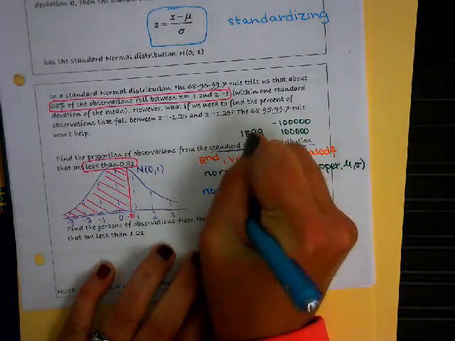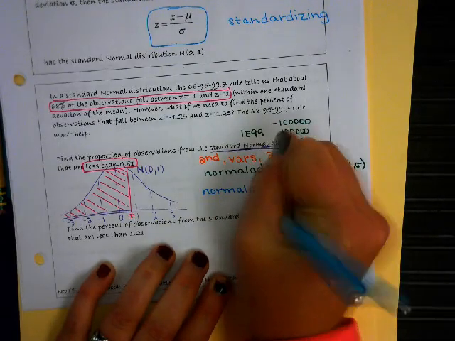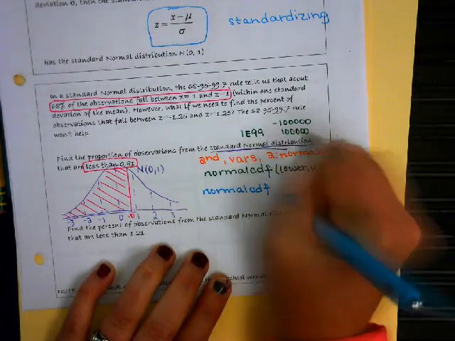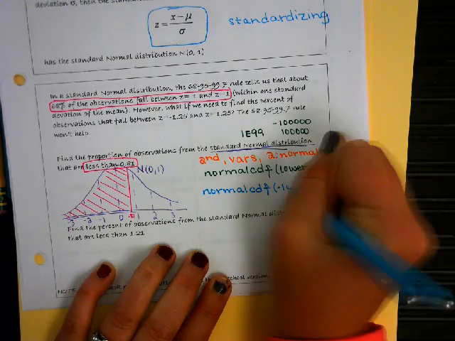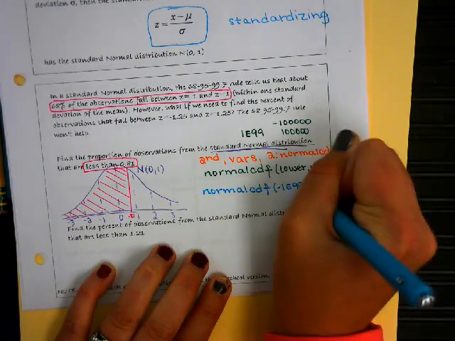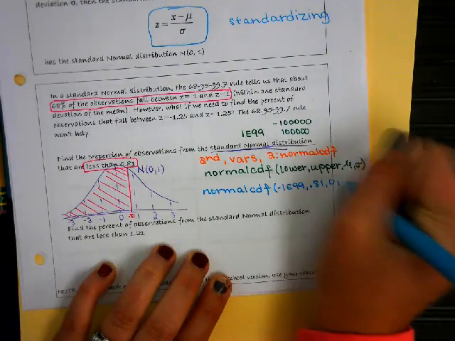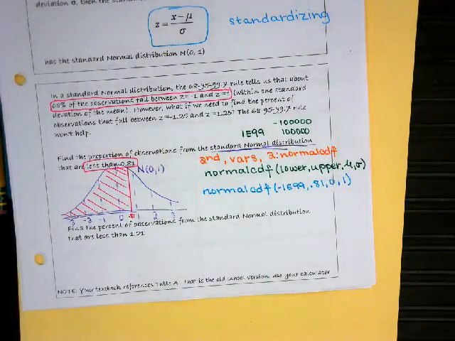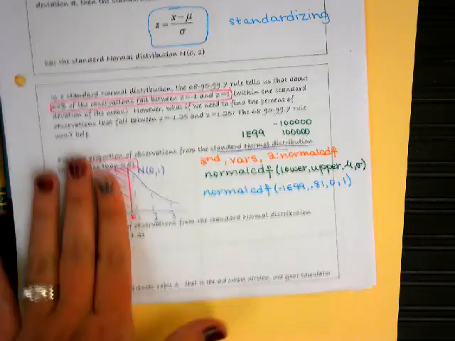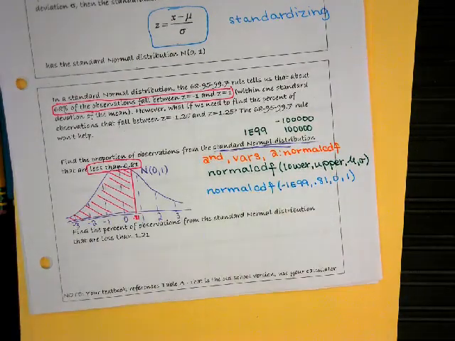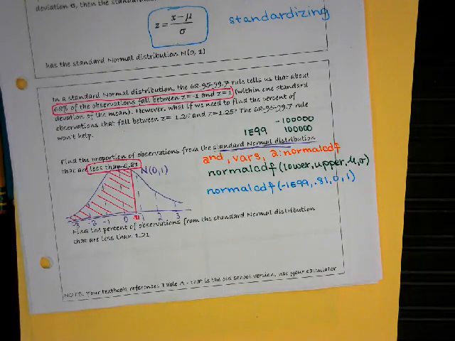So I have my picture, I have what I put in the calculator, and then I would get full credit for this type of question. And the answer was 0.7910. The reason I go to 4 decimals is because if you use the old school way, table A, it goes to 4 decimals.